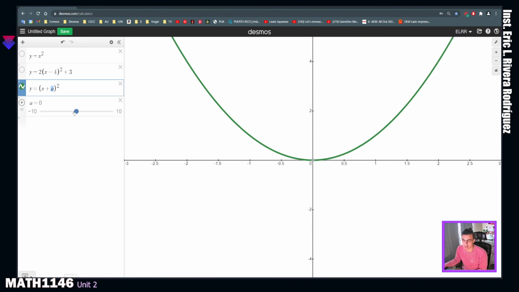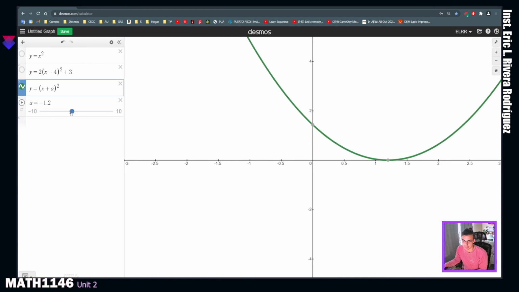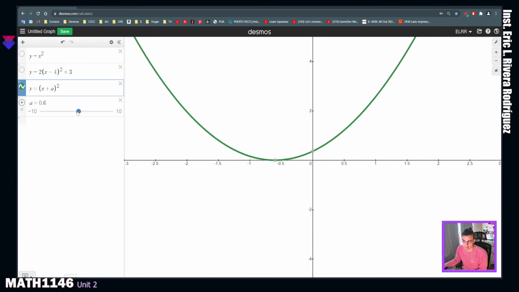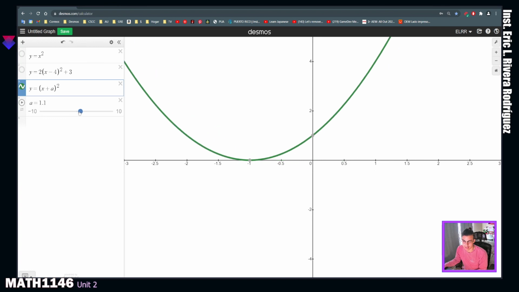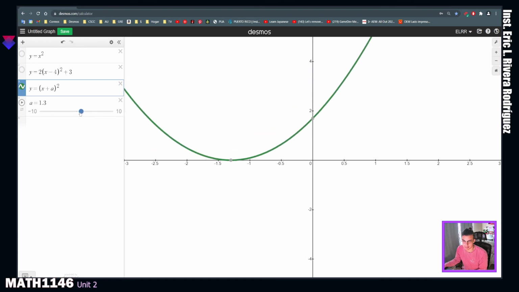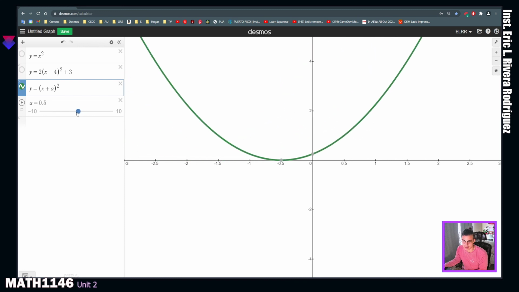And we want to know which way the graph goes if a becomes positive. See the effect: now when a becomes positive, the graph moves to the right.